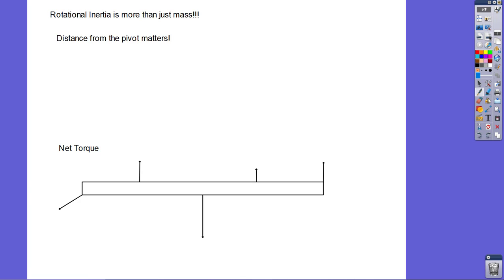Alright, so rotational inertia is more than just mass. Okay, so distance from the pivot matters. Okay, so one thing I'm pretty sure we did, let's say we had like a meter stick with like a movable weight on it. Okay, and so again, we'll have that pivot point over there.